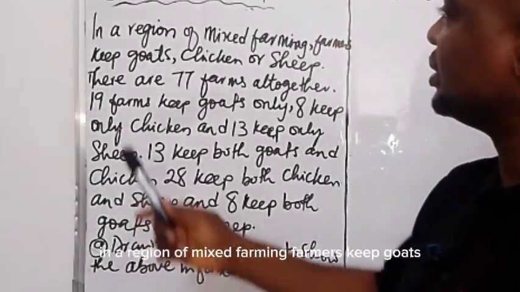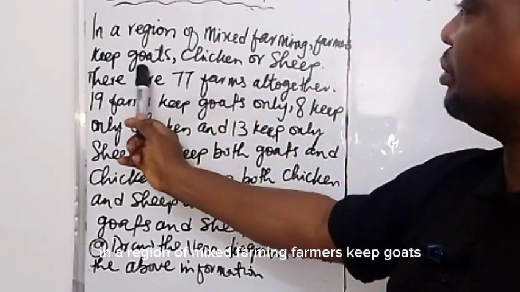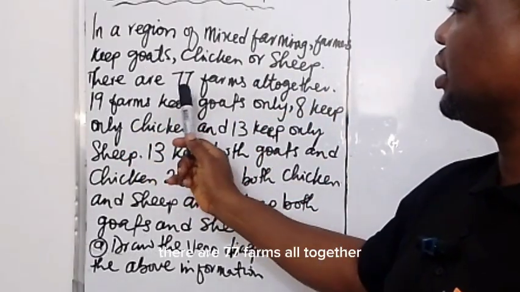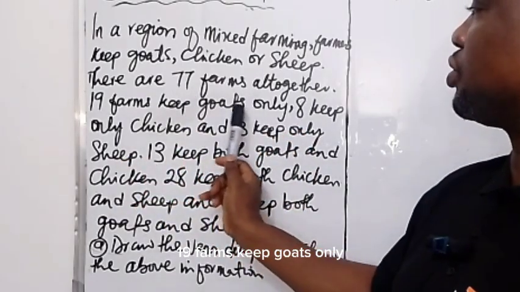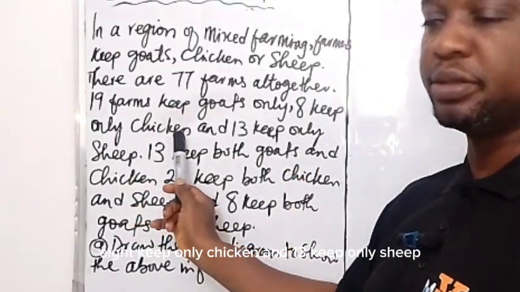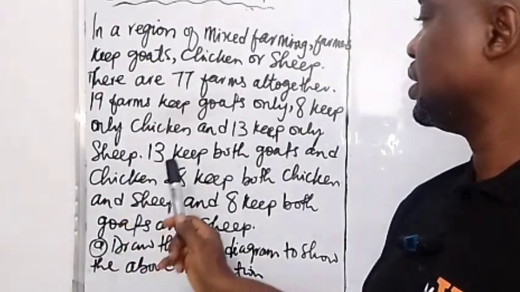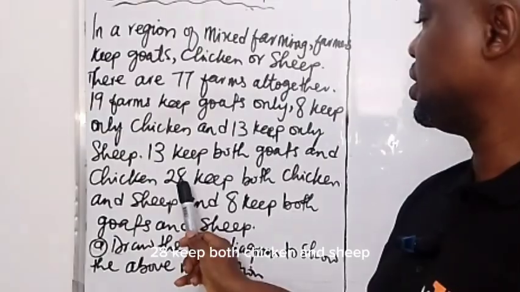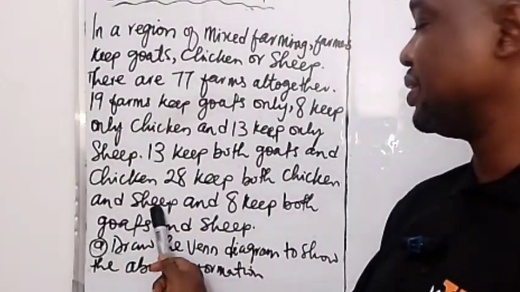The question says, in a region of mixed farming, farmers keep goats, chicken, and sheep. There are 77 farms altogether. 19 farms keep goats only. 8 keep only chicken, and 13 keep only sheep. 13 keep both goats and chicken. 28 keep both chicken and sheep.